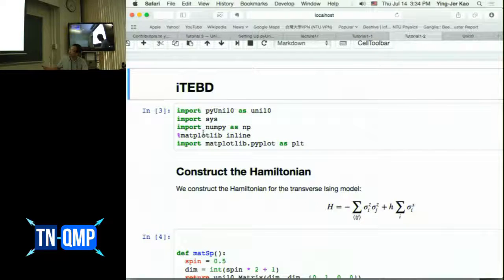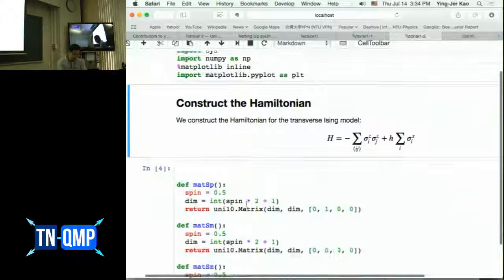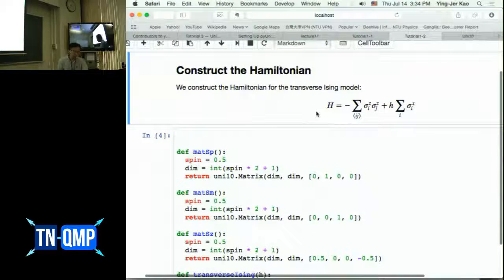We import pyUniTen, and since we're going to plot something, we import all the necessary modules. This is just the setup. We want to construct the Hamiltonian for this transverse Ising model, and we need operators: a sigma plus, sigma minus, and sigma z. So this is how we construct the operators.